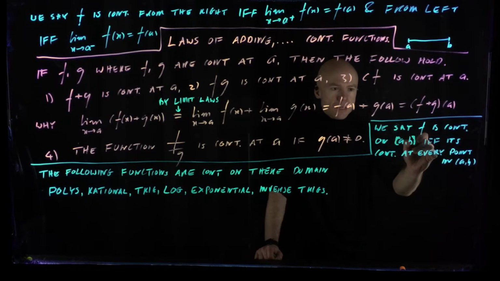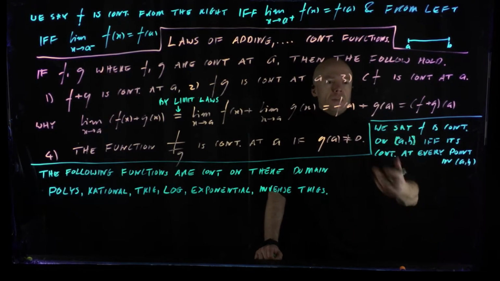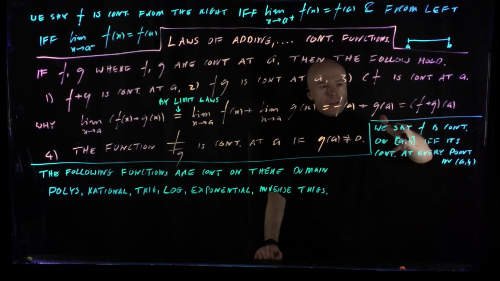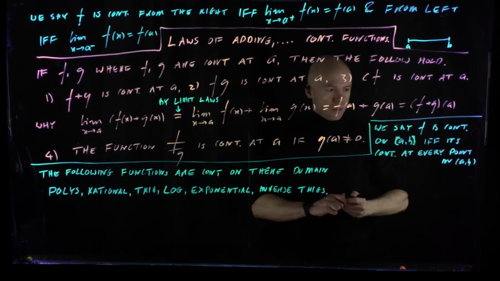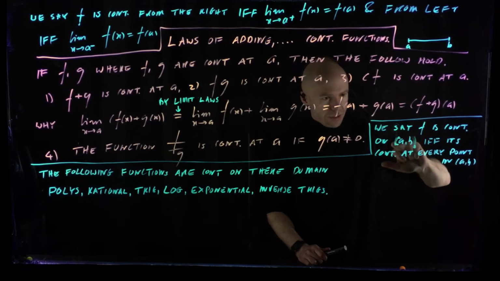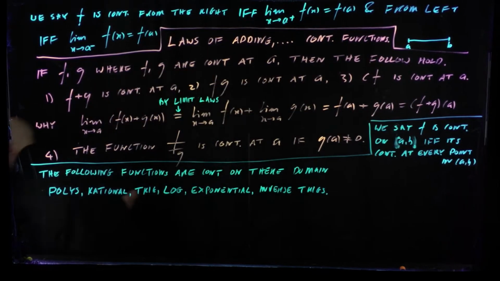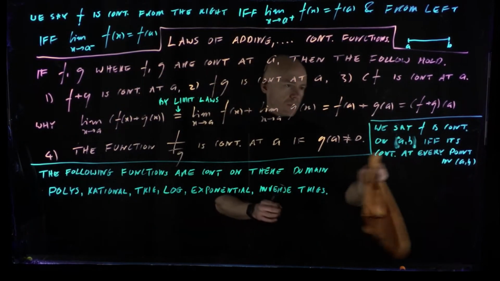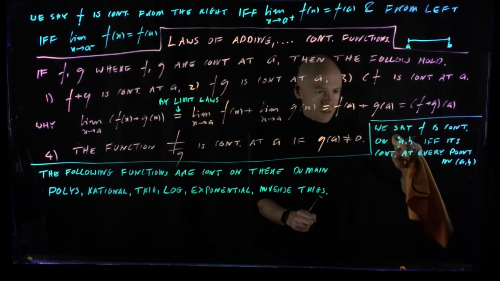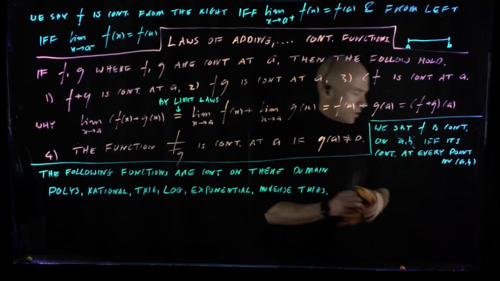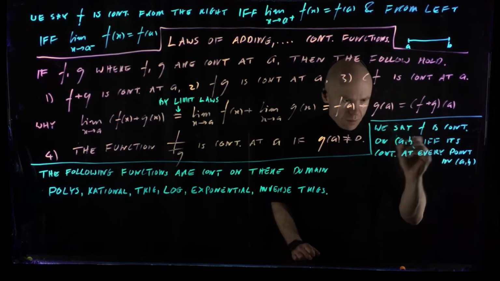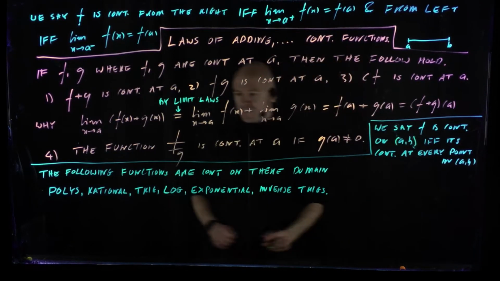So if we have a closed interval like this, then we also have to have one-sided continuity, but this time from the left. But let's not change that here, otherwise the whole statement is no longer true. Okay, so that's what continuity means on intervals.